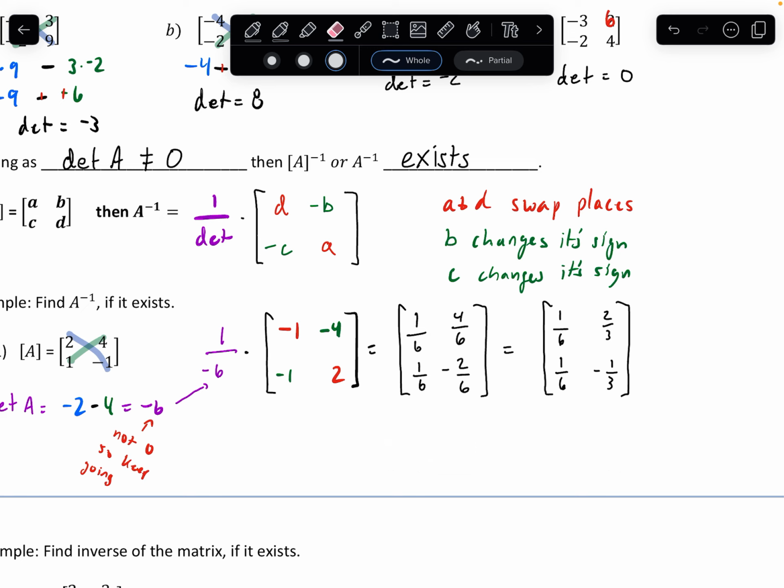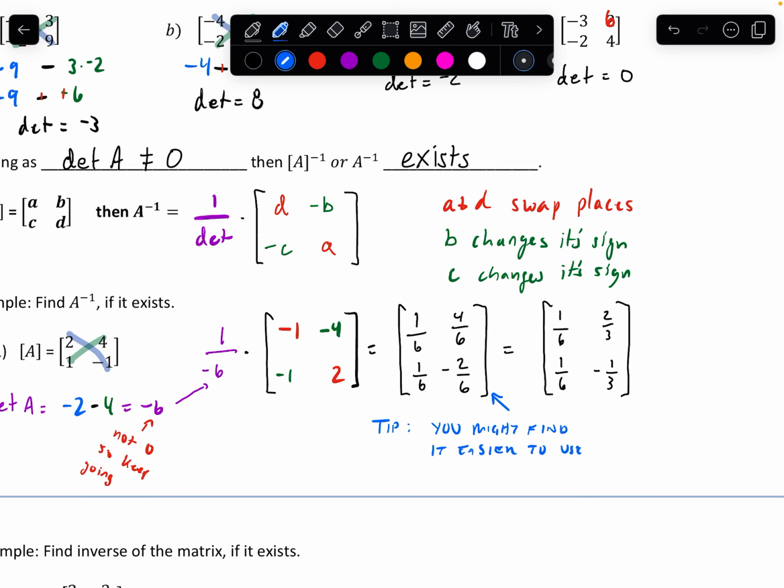Something that's going to pop up later is that this right here actually might be an easier form of the inverse to use. So I just call that kind of my pro tip here. So you might find it easier to use when the denominators are all the same.